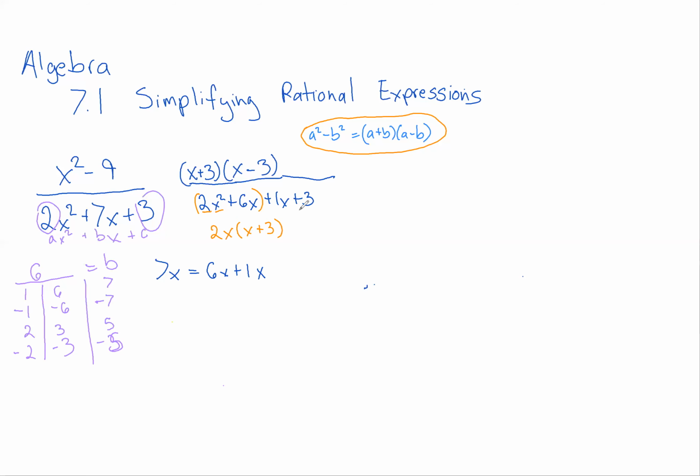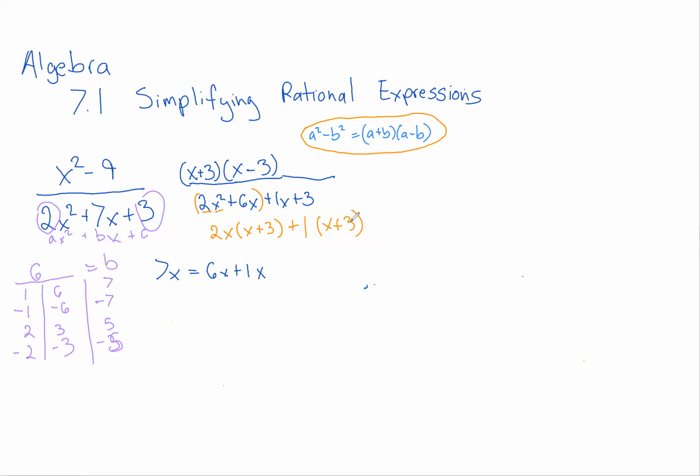And so over here, I'm going to do something that might seem a little tricky. I'm going to factor out a 1 from each of these. So plus 1, and 1x divided by 1 is just 1x. And then 3 divided by 1 is 3, so it stays the same. So x plus 3.